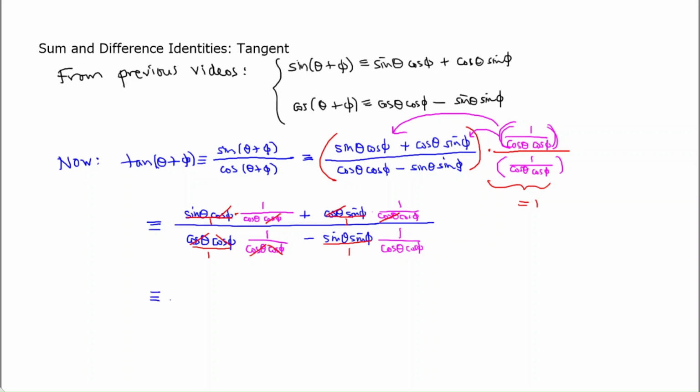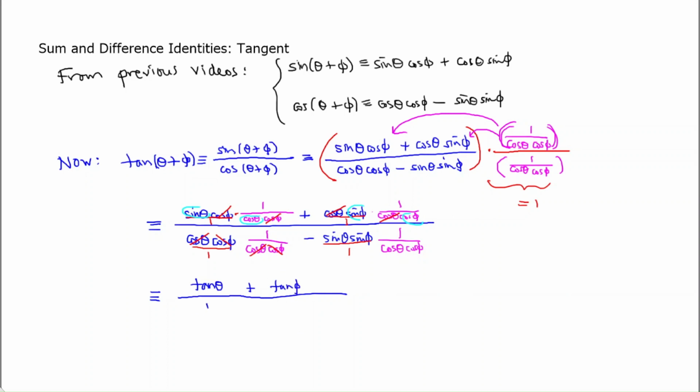My remaining terms here are a sine divided by a cosine, sine theta, and then down below cosine theta. Well, that is just exactly tangent theta. Second term in the numerator, same thing happens, except it's sine phi divided by cosine phi, so that's tangent phi.